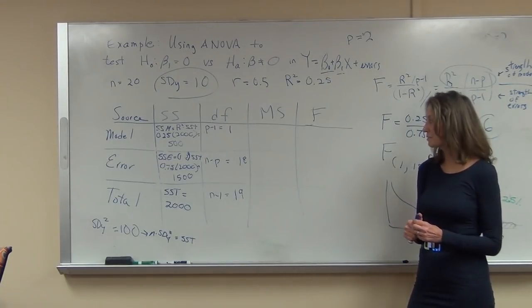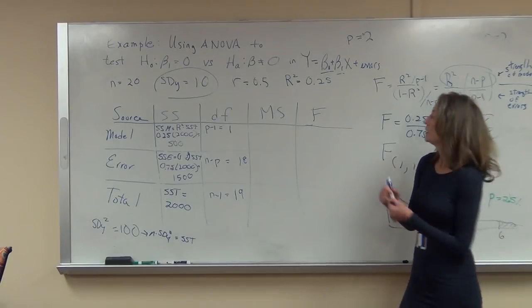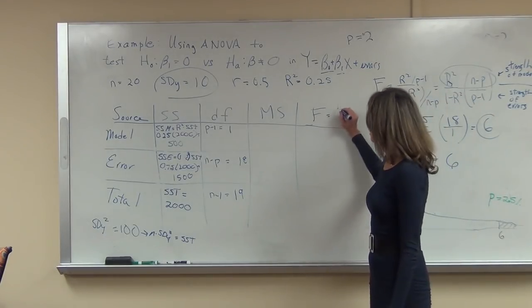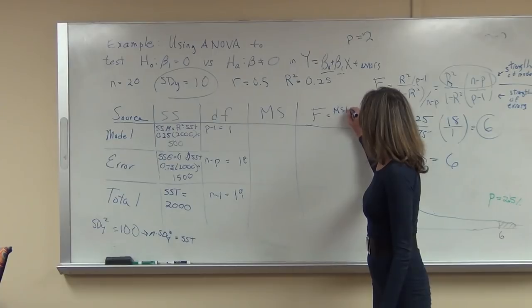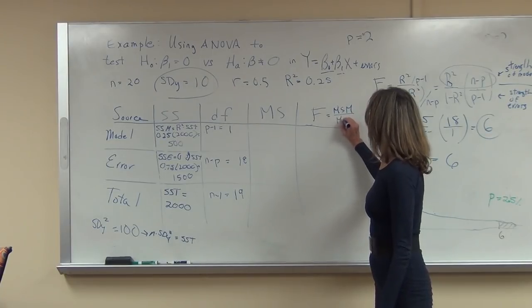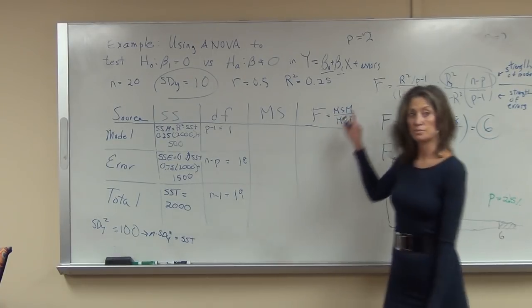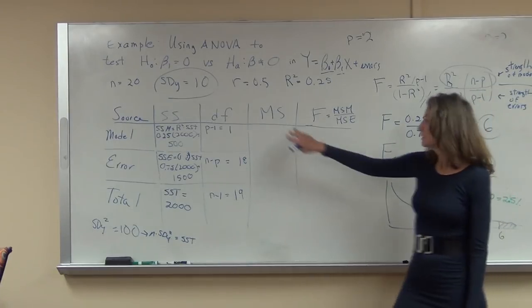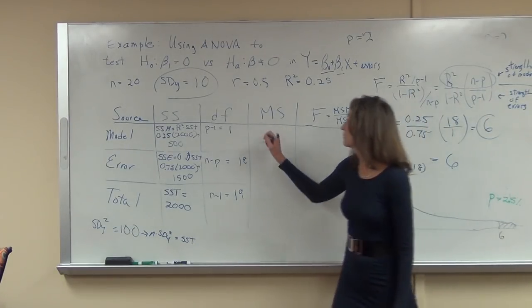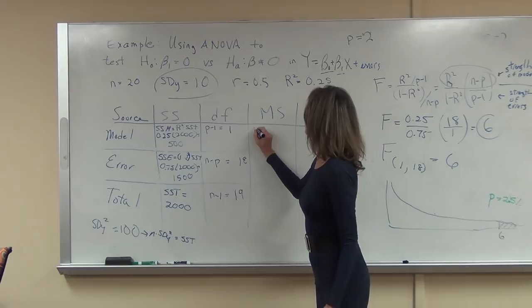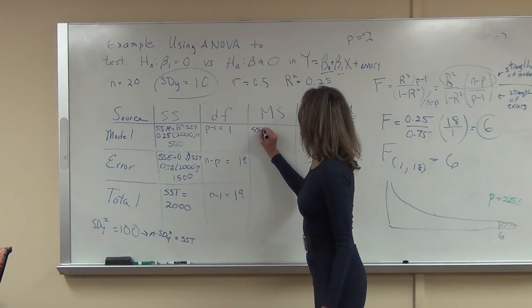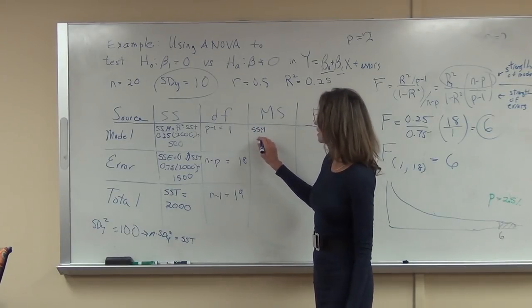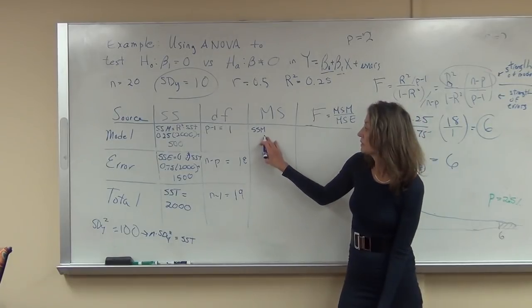Now, remember what you do to get the F ratio is what? The mean square model over the mean square error, or mean square between over mean square within. So the mean square is just the sum of squares for the model. The mean square model is the sum of squares for the model divided by the degrees of freedom.